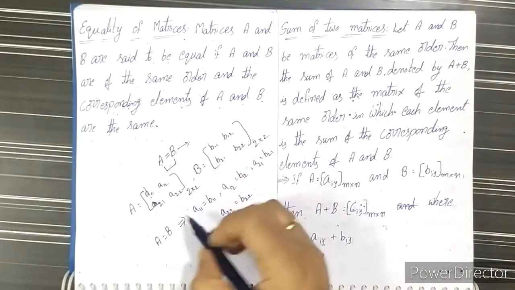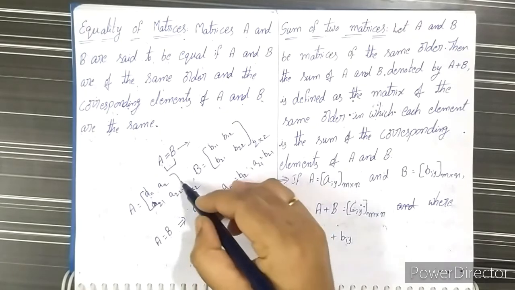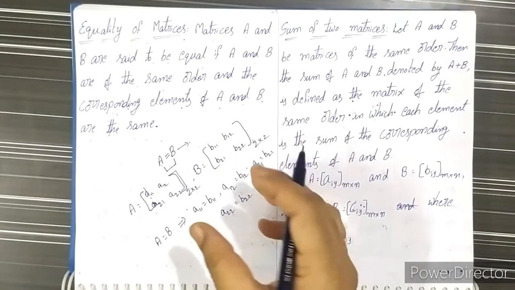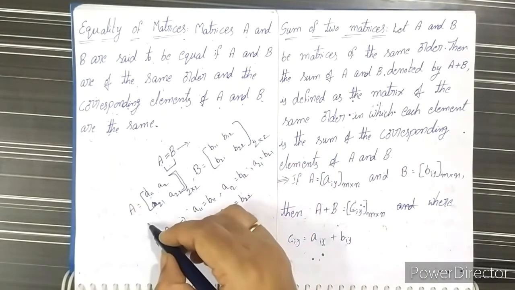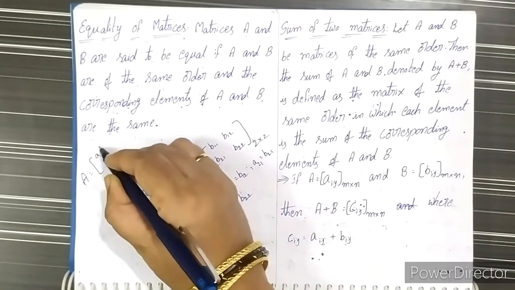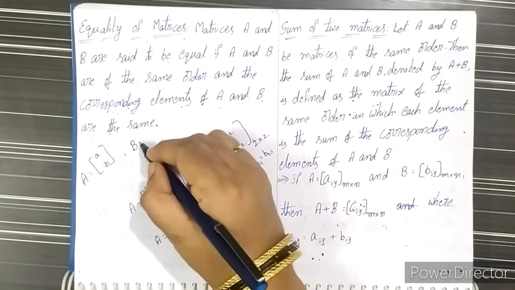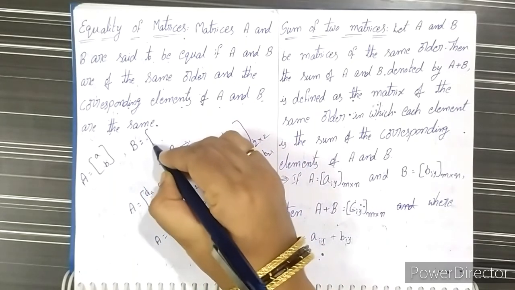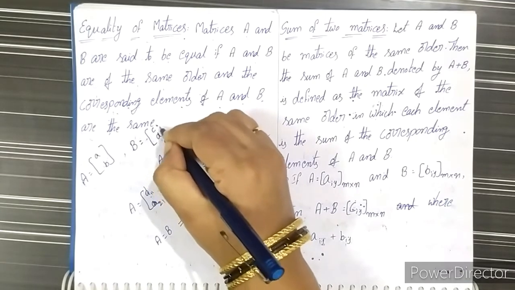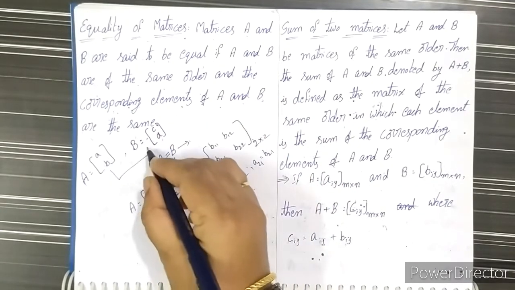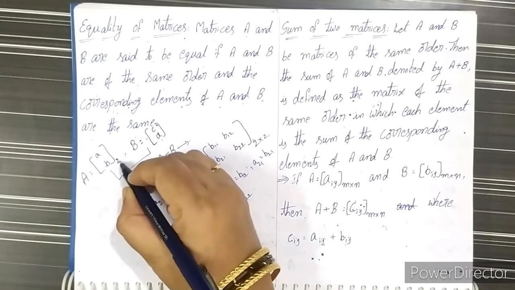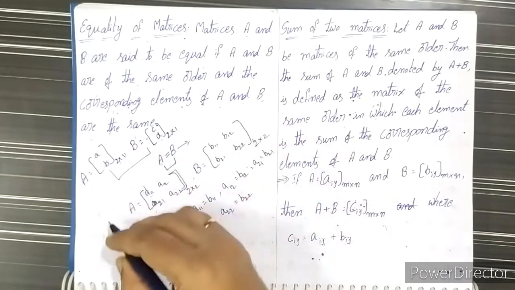But in equality of matrices, the matrix need not be a square matrix; it can be any matrix. For example, A equals a column matrix with entries A, B, and B equals a column matrix of the same order with entries C, D. The order means rows by columns: here 2 rows and 1 column, and here also 2 rows and 1 column.